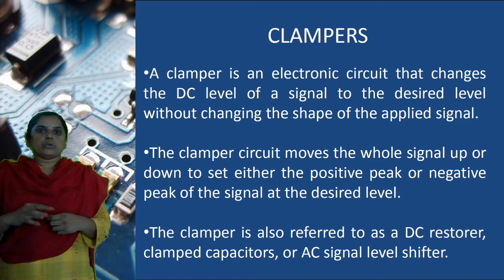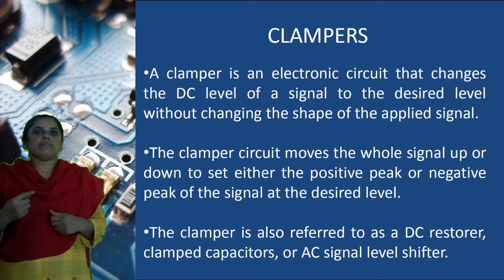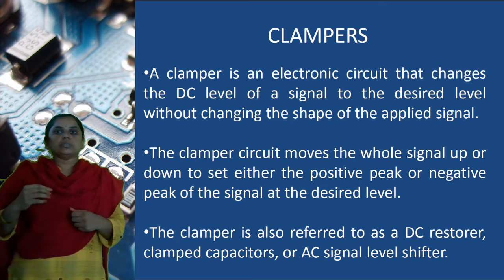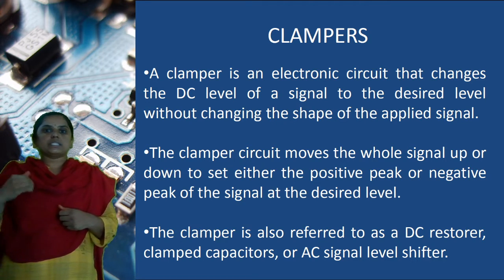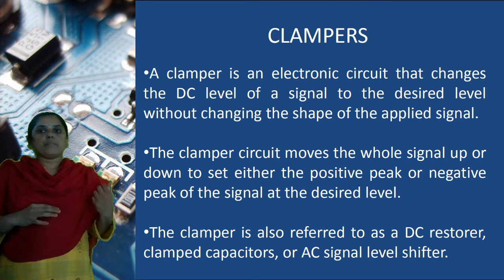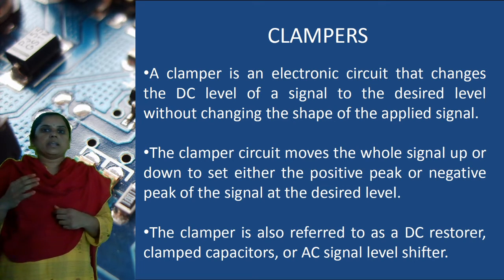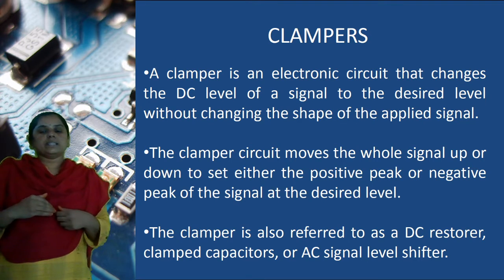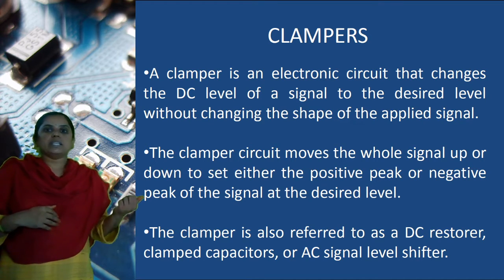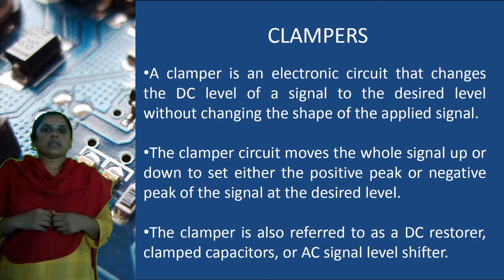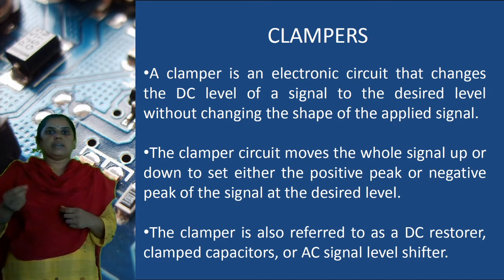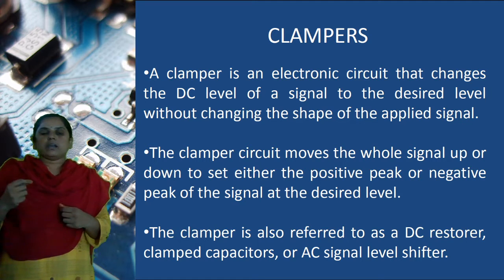By using this clamper circuit, we can change the DC level of the input signal to the desired level without changing the shape of the applied signal. This is one definition of the clamper, and here is one more.